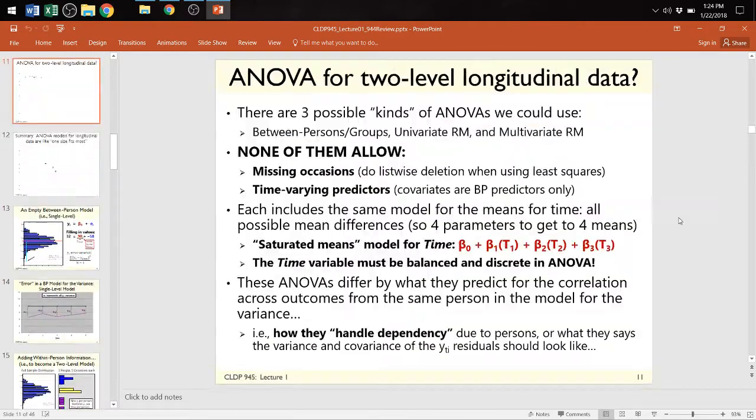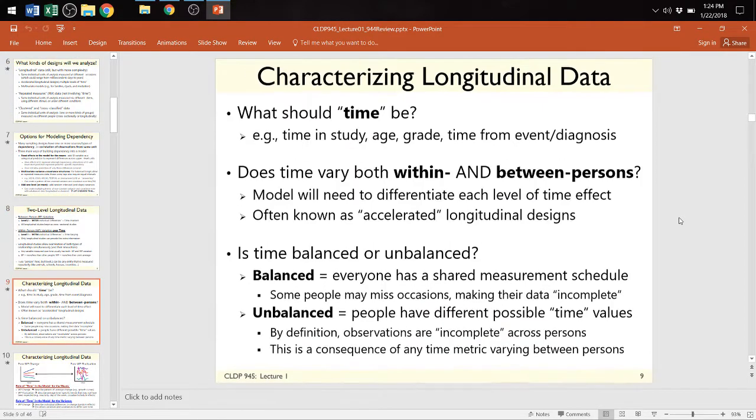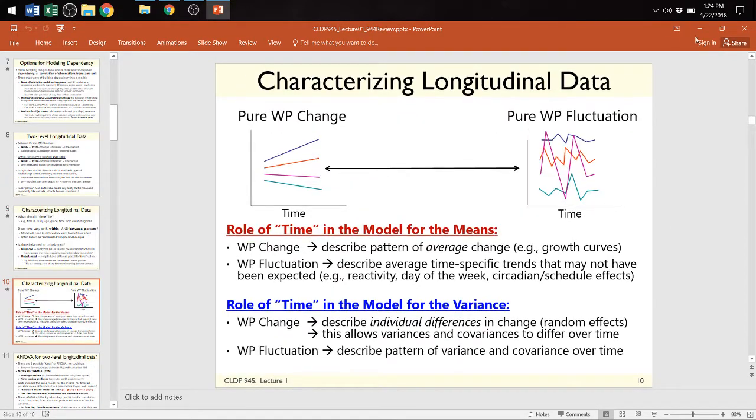Okay, so we are talking about terminology, levels of analysis, what the class is going to be about. The class is about multi-level models broadly construed, modeling dependency. What does dependency mean? Correlation, there you go. That means that observations from the same something are likely to be more alike than observations from a different something.